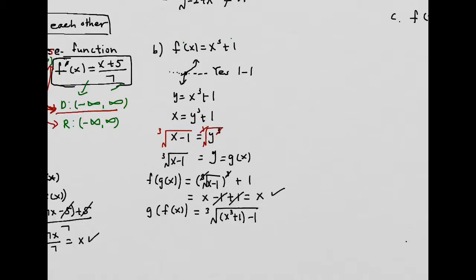Then we can simplify this by getting rid of plus 1 and negative 1, and then you can cancel out the cube root with the cube, which gives you x by itself. So these two show that they are inverses of each other. Once we know they are inverses of each other, we should be able to rewrite g of x in inverse function of f of x notation.